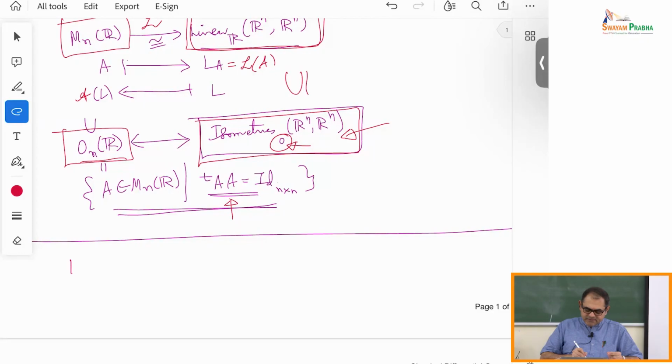So here is a very simple lemma. This lemma uses a little bit of linear algebra, but I'll tell you what is the linear algebra that is involved. So the lemma is the following.